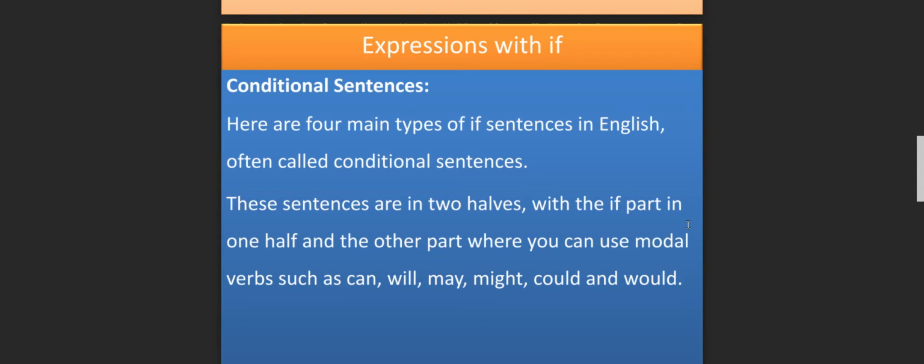Often called conditional sentences، غالبا تسمى الجمل الشرطية. These sentences are in two halves، في نصفين، with the if part in one half and the other part where you can use modal verbs such as can, will, may, might, could and would.